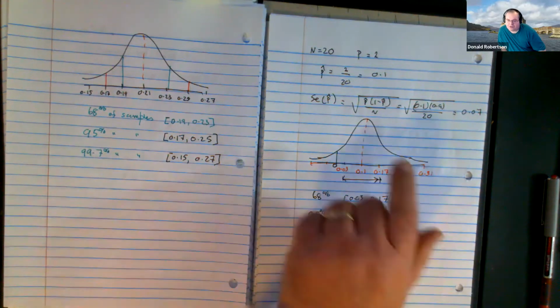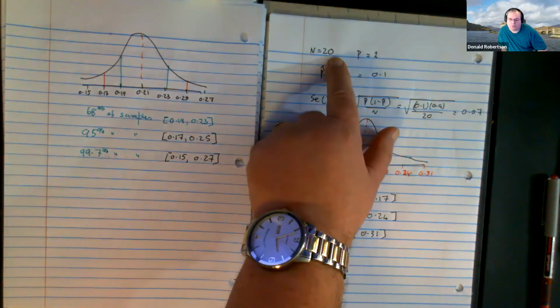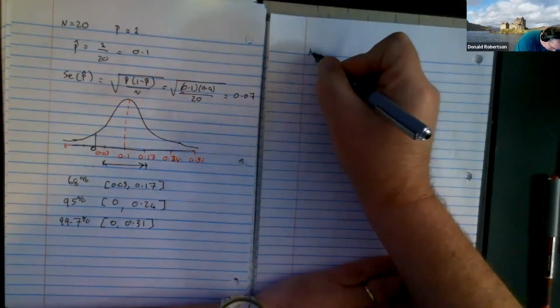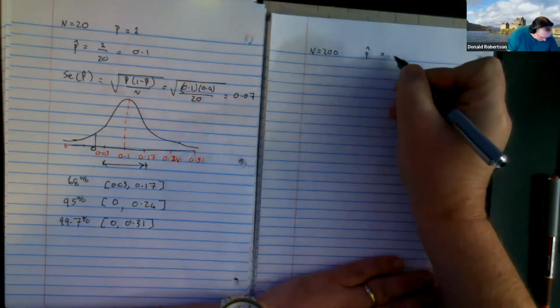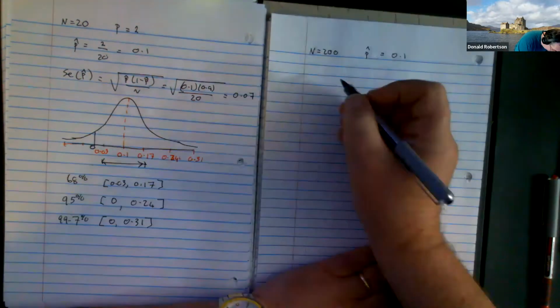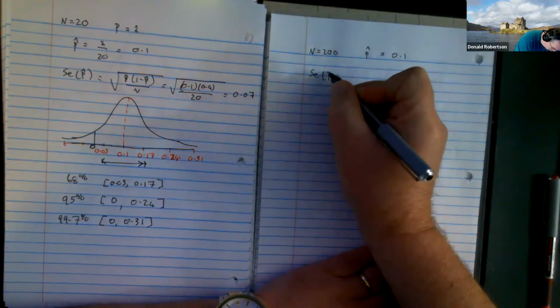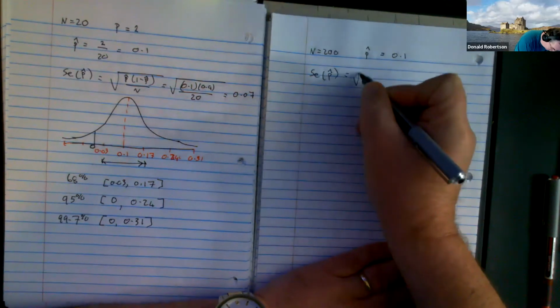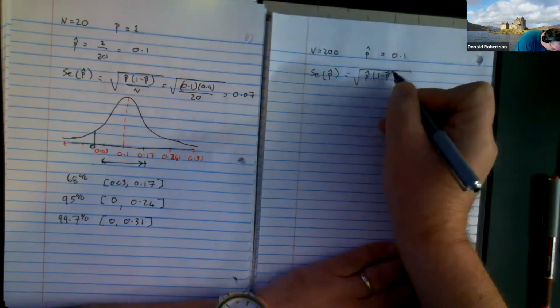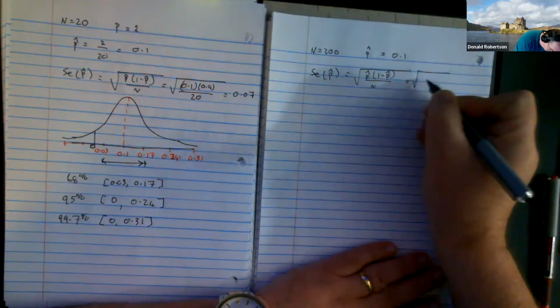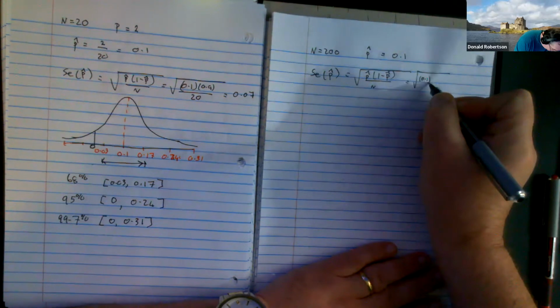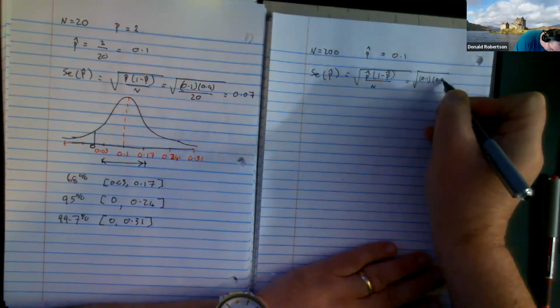If this same sample was done with 200 students, and let's keep everything the same, you still got 10% of them. The standard error changes, its value changes. It's still 0.1 times 0.9, but now it's going to be divided by 200.